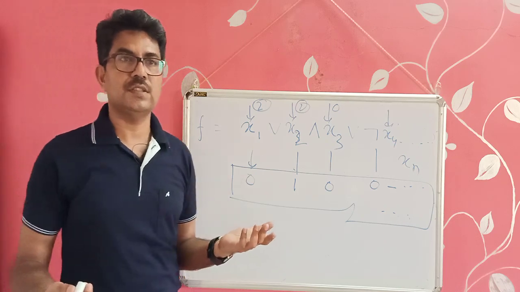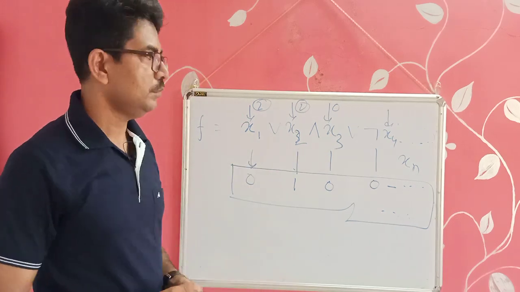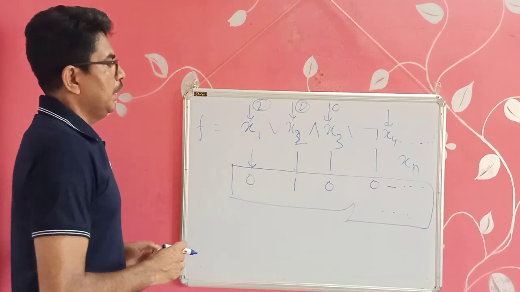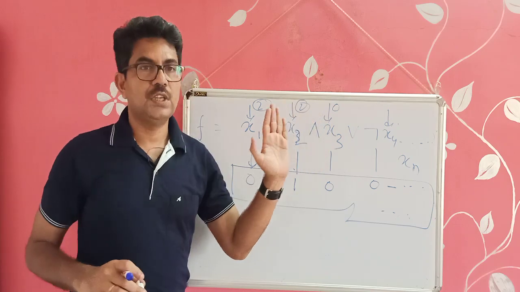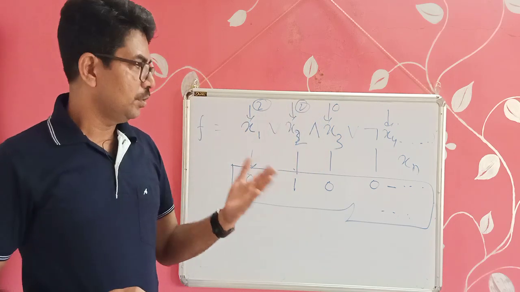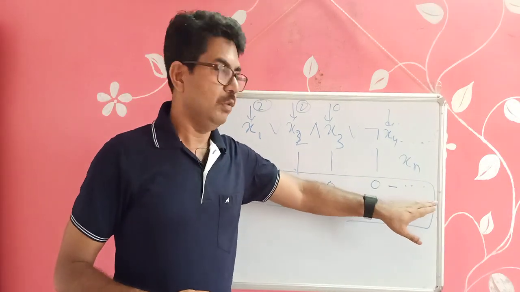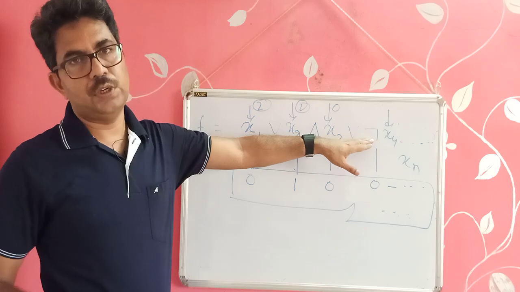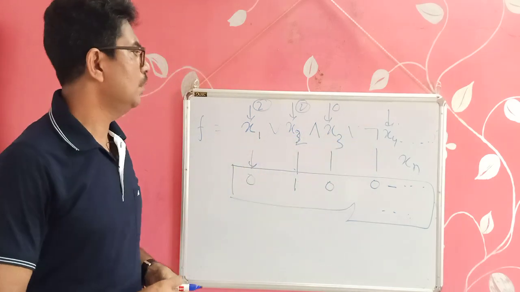If yes, then success. We can solve the problem. If not, failure. So the non-deterministic approach gives us the solution for the decision problem. That means we will have one instance or input, we check whether it satisfies the formula or not. If yes, then fine. If not, then failure.